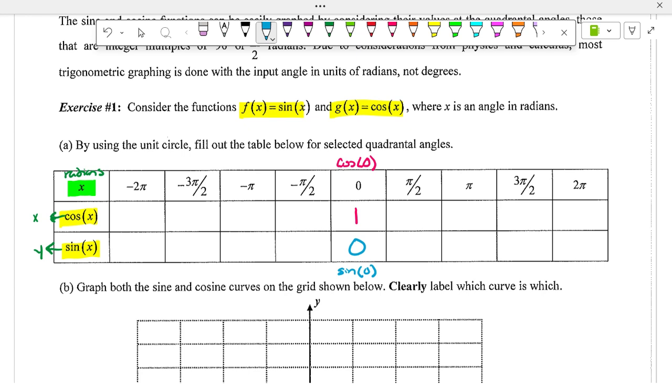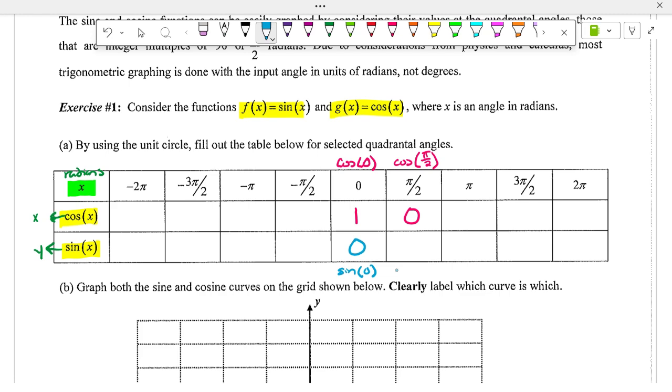Now, pi over 2. Pi over 2 is the same thing as what in degrees? It's the same as 90. That doesn't really matter anyway, but just know that's where you'll be looking. What would be the cosine of pi over 2? 0. So the cosine of pi over 2 is 0.